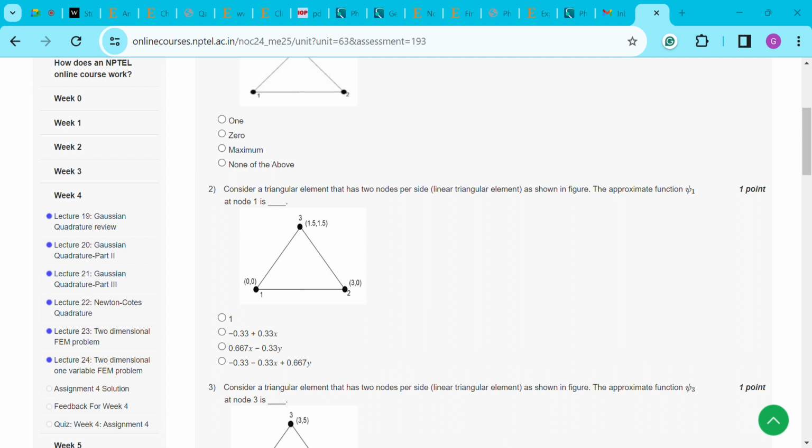Similarly for y. It's basically like if you keep one variable constant, it should be linear in the other variable. Any function, if it satisfies these four conditions, can be called a bilinear function.